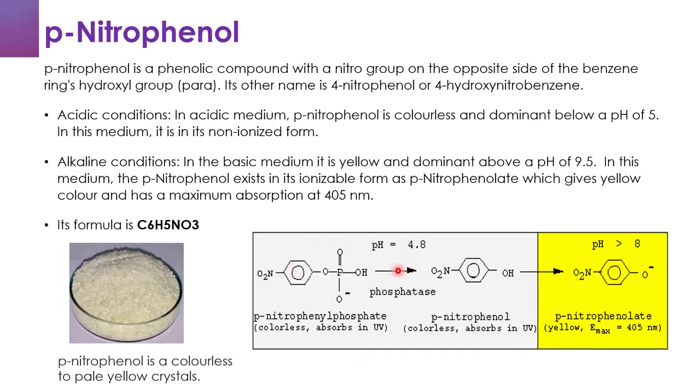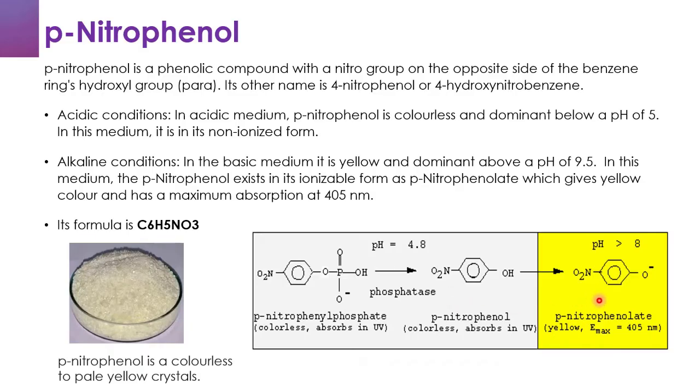So this is just a chemical reaction illustrating how alkaline phosphatase or acid phosphatase hydrolyzes the artificial substrate p-nitrophenol phosphate into p-nitrophenol, which is colorless in this acidic medium.